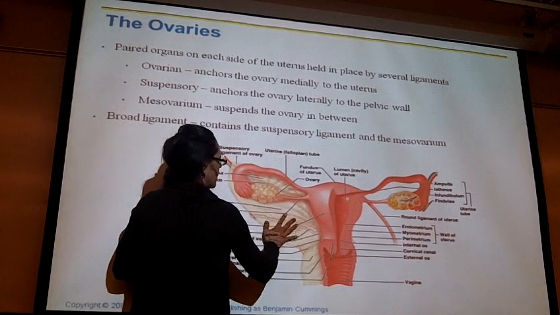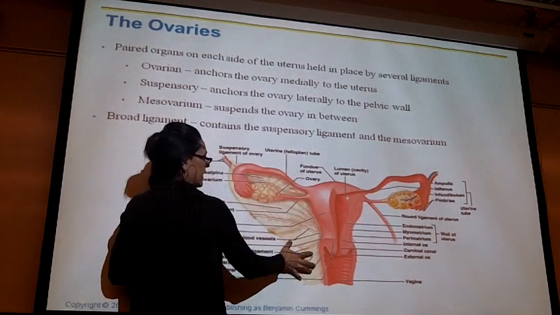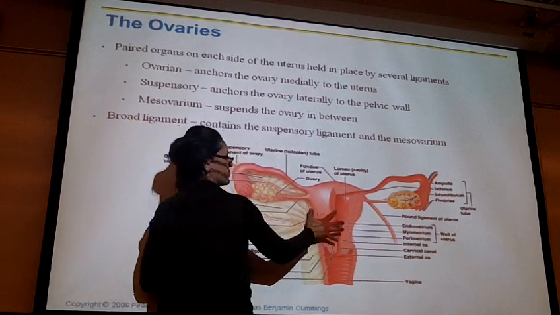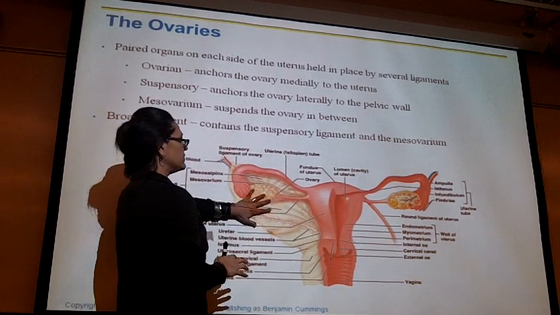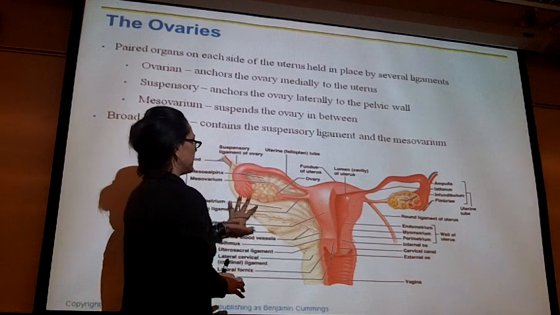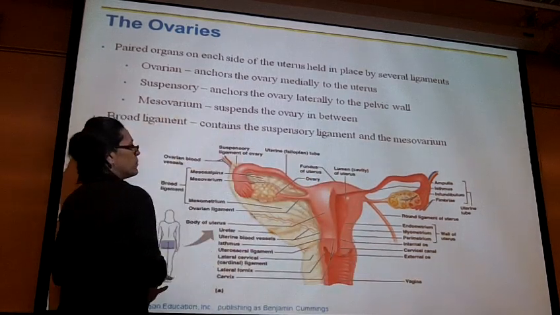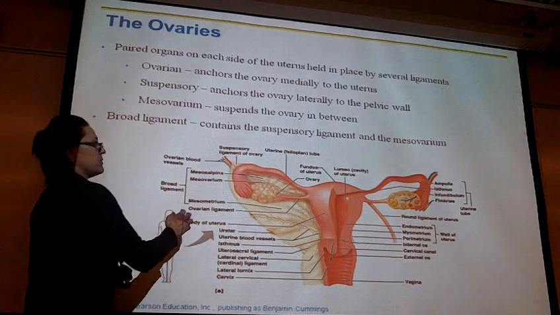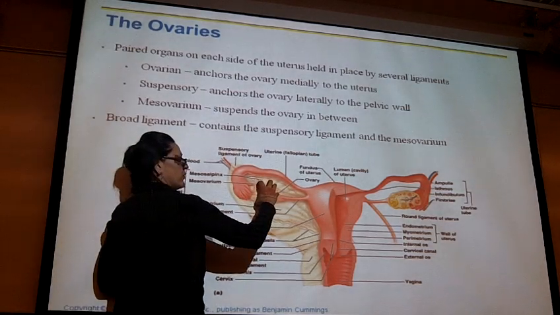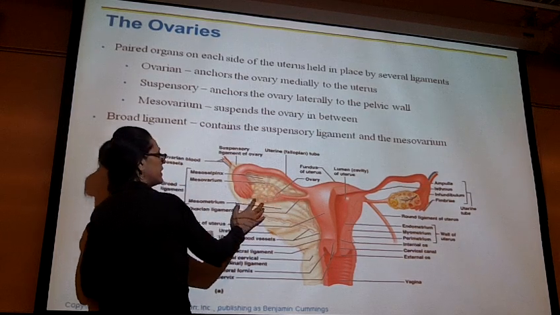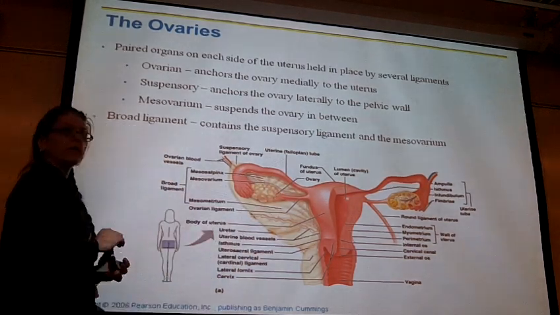Here we can see part of the broad ligament, and again, this would be mesentery that's wrapping around all of these structures and then fusing with the peritoneum that would be lining this abdominal cavity. The part of the broad ligament that is right around the ovary, that is a bit thickened in that area, is called the mesovarium.